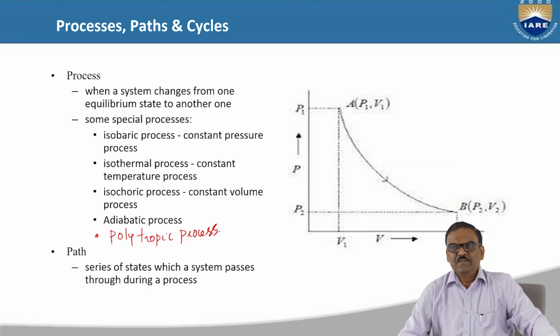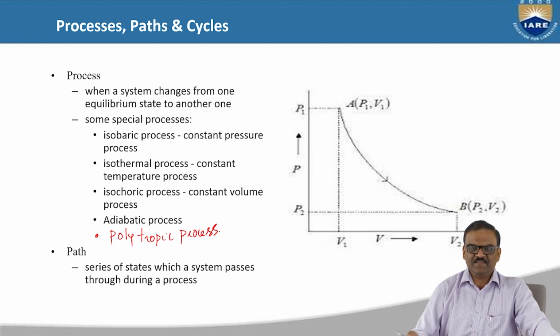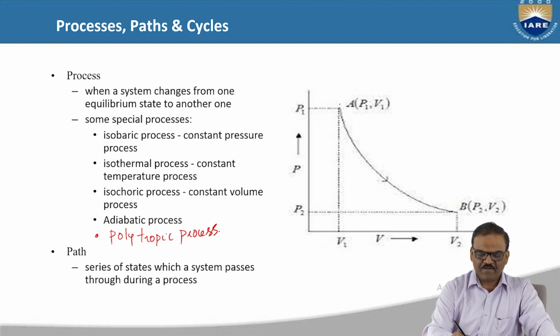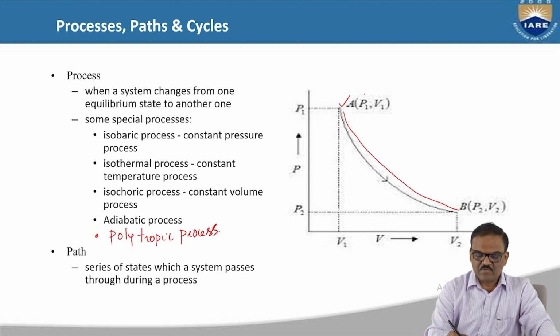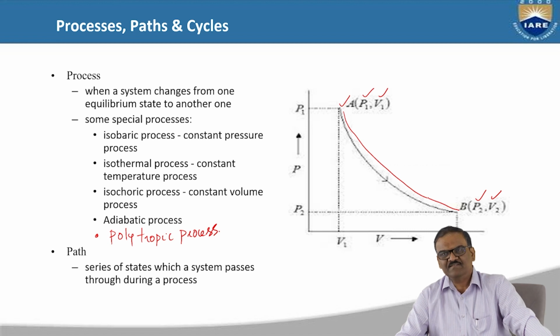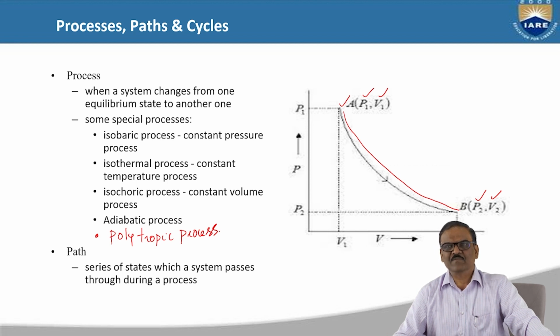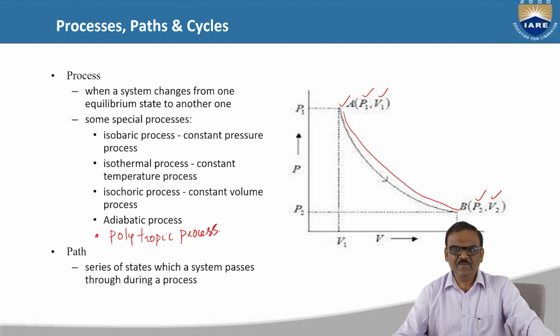Then what is a process? If a thermodynamic system is at point A and it has followed a path to point B, and the thermal coordinates are P1 V1 and P2 V2, the volume is expanded from V1 to V2 and pressure is reduced from P1 to P2.